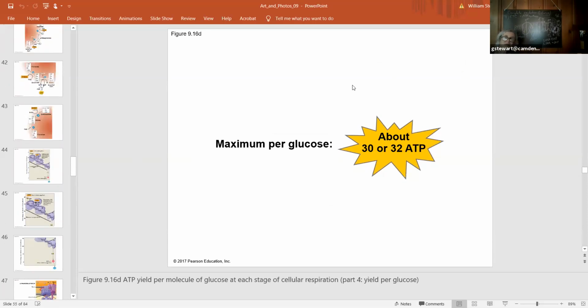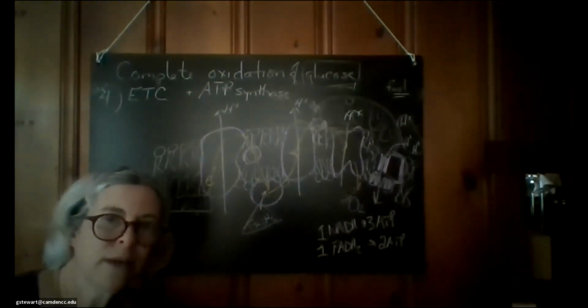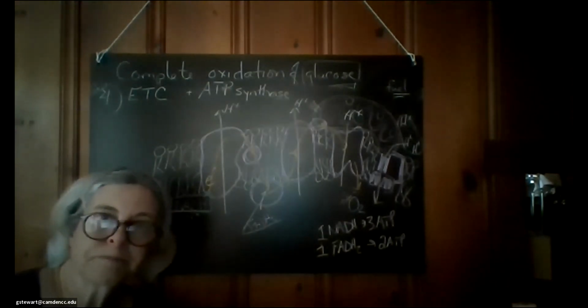So I think I'm going to stop sharing this and I'll probably put it on the chalkboard again. Actually, I might do it on a whiteboard. Yeah, let's do it on the whiteboard.